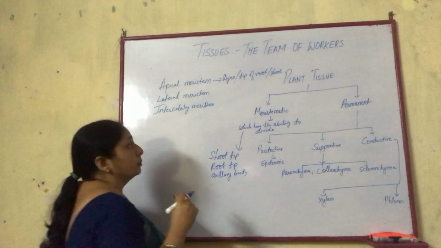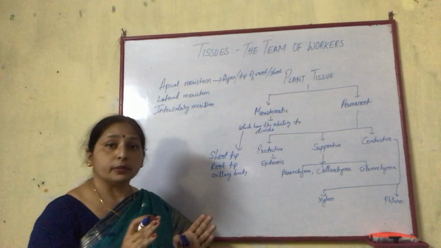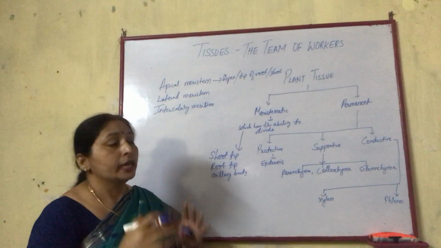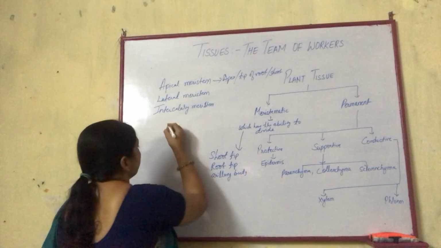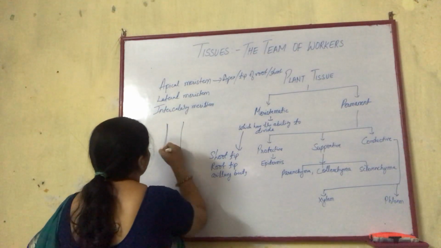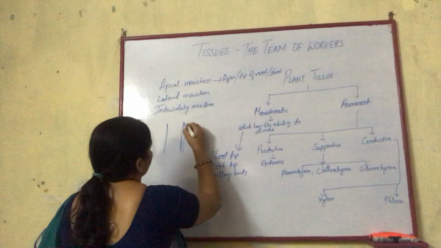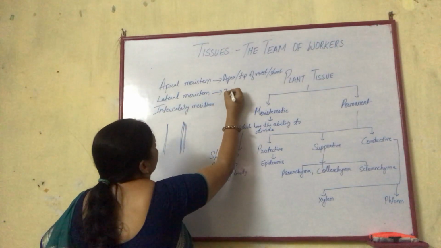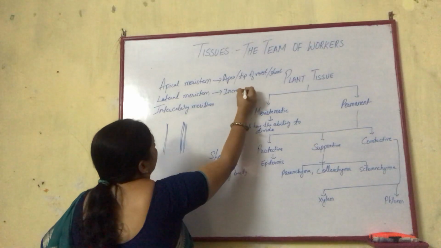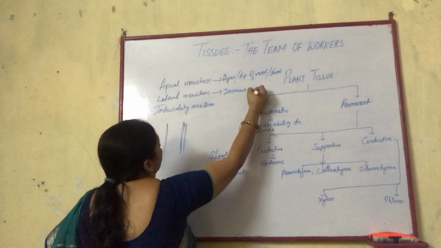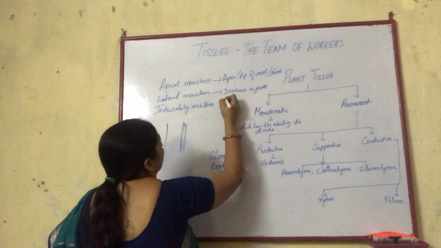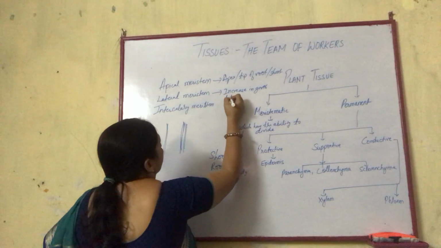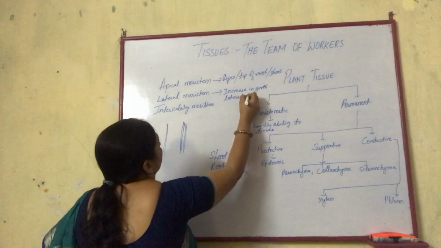Then lateral meristems are responsible for the increase in girth. They are present near the sides, on the lateral portions.